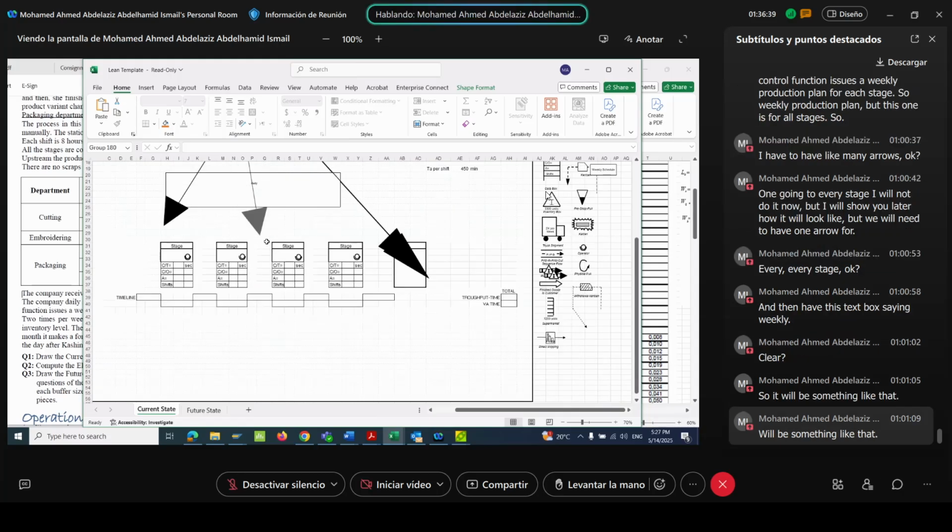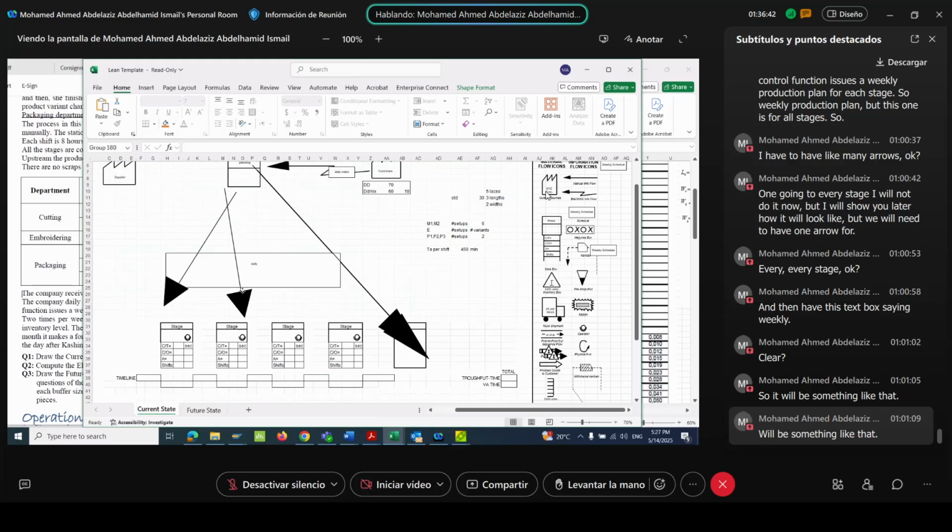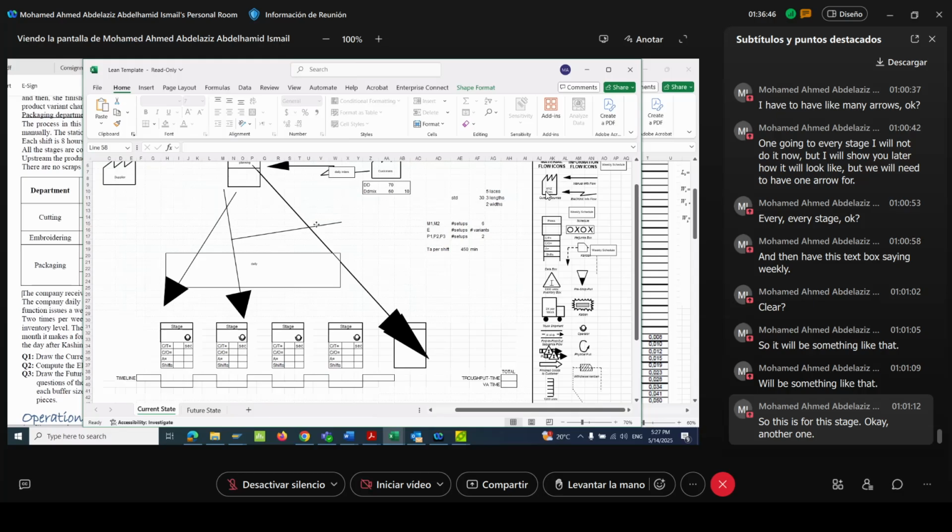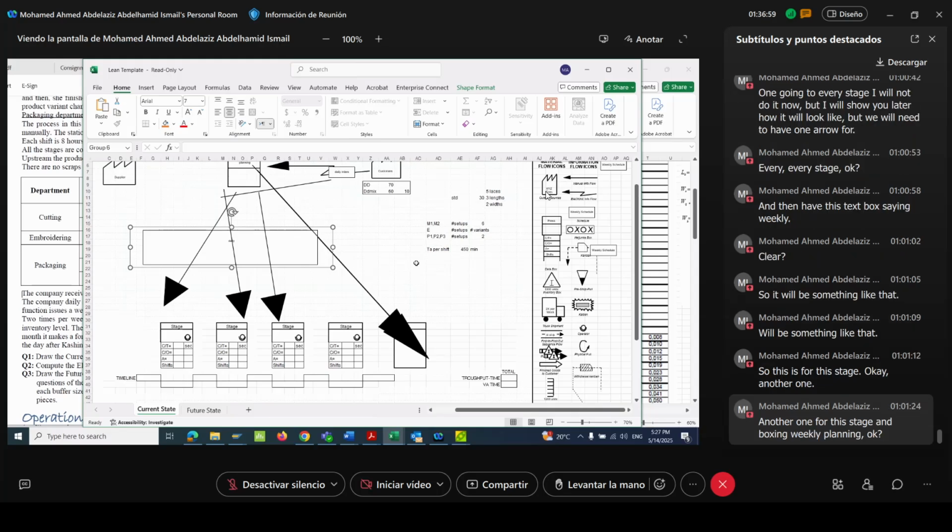So this is for this stage. Okay. Another one. Another one for this stage. And a box saying weekly planning. Okay. Is it clear?